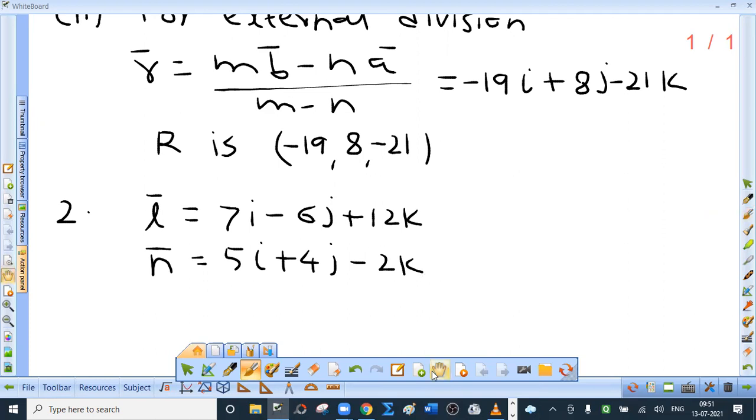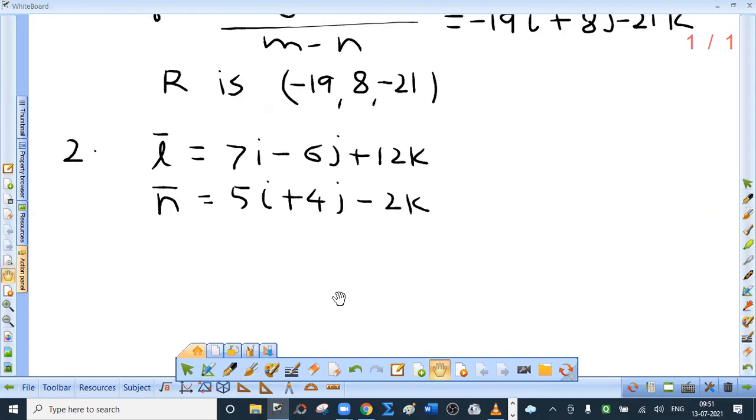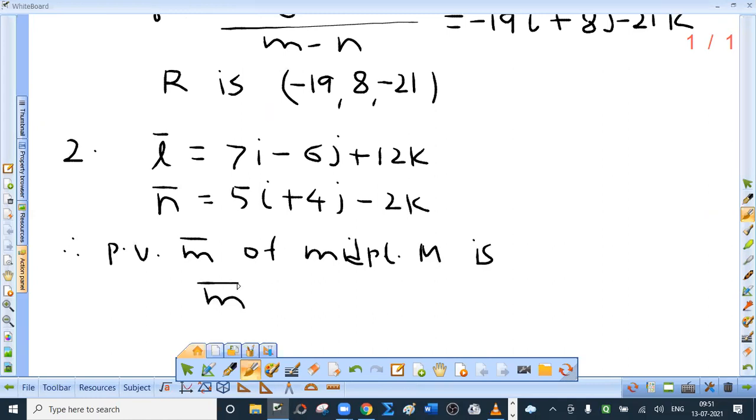What is given? Midpoint M, its position vector is to be obtained. Therefore, the position vector M bar of midpoint M is given by M bar equal to L bar plus N bar upon 2.